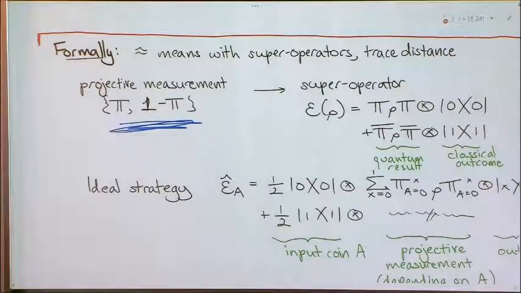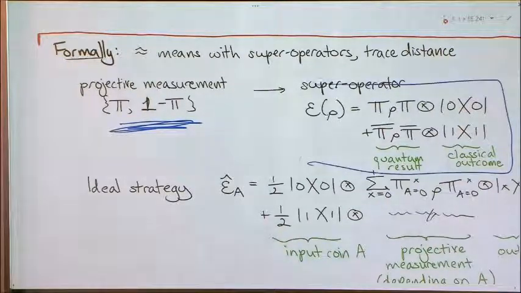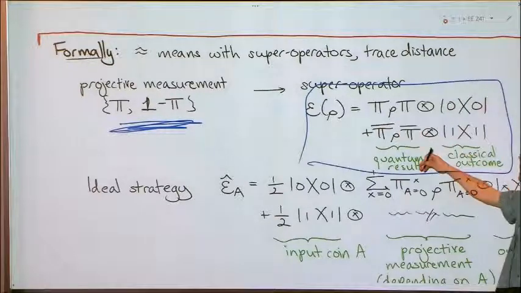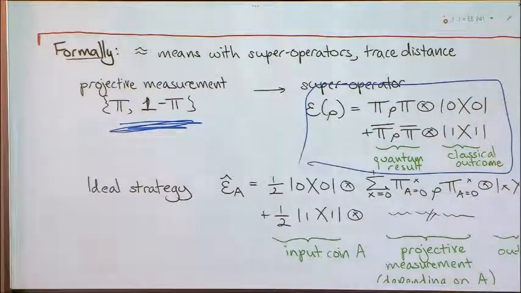That corresponds to the following superoperator, where it takes a state rho, projects it by pi, and say that's outcome 0, it adds a classical register in 0, and then it projects the same state into pi complement and adds a classical register 1. So this is a superoperator that describes the measurement.